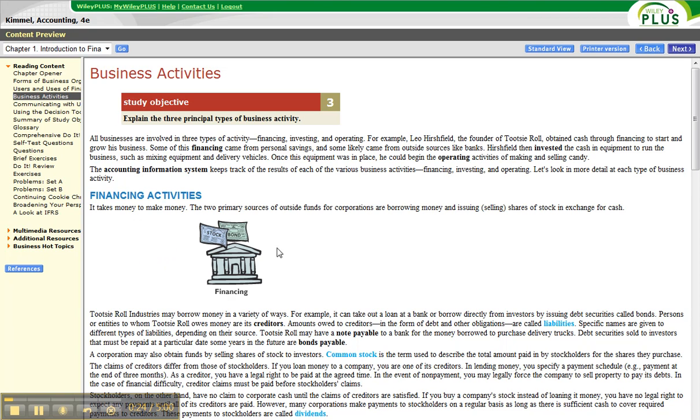Financing activities basically involve the getting of money by a business or the paying back of that money. So you can get money one of two ways. And I'm not talking about the typical business that a company's in. So obviously, a retail store can sell products to get money that way.